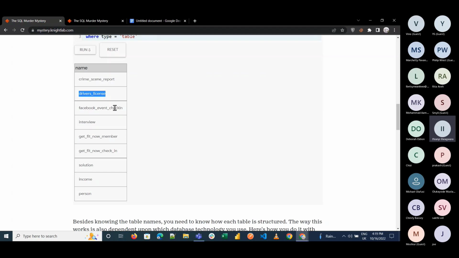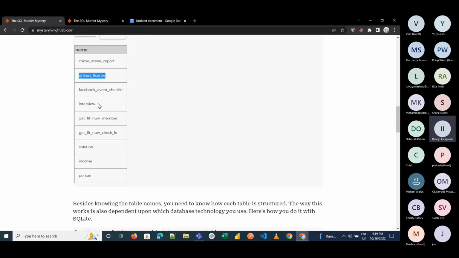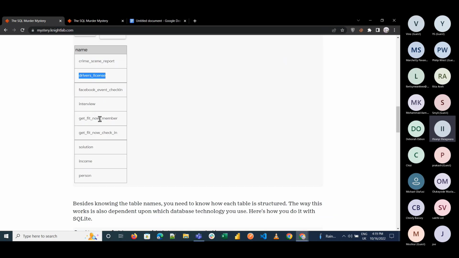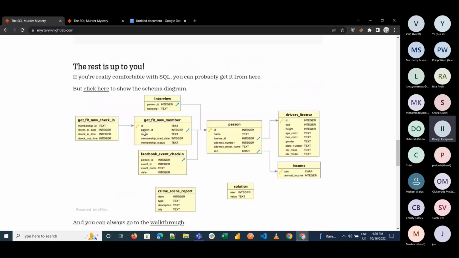You can see the Facebook event check-in. I'm not sure we'll get that there. We have the interviews, but we don't know our witnesses' names, so we can't check out the interviews first. Then the get fit check-in table, the solution table, the income table, and the person table. The person table is more likely to have the names of the people we're looking for.